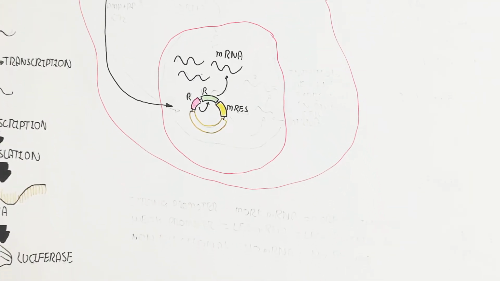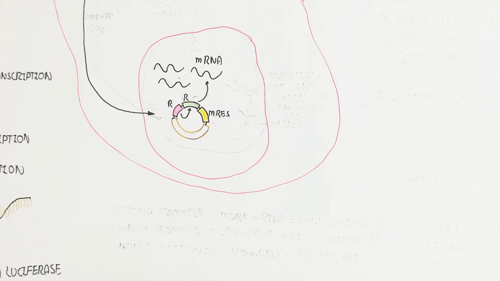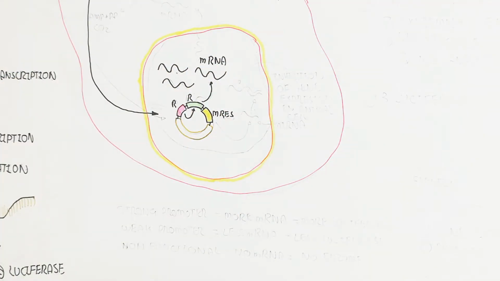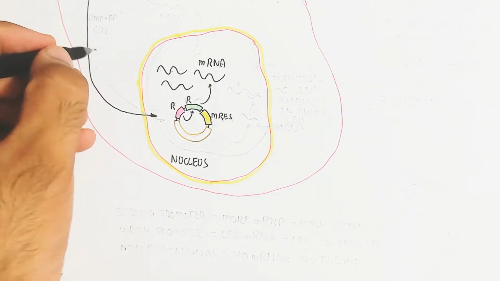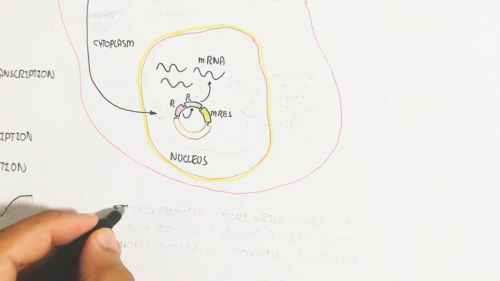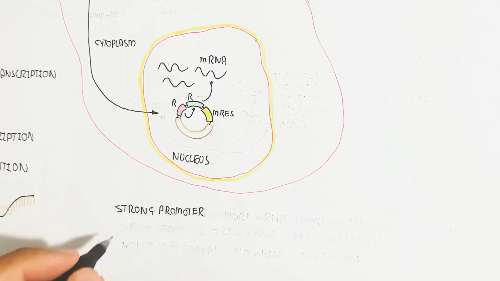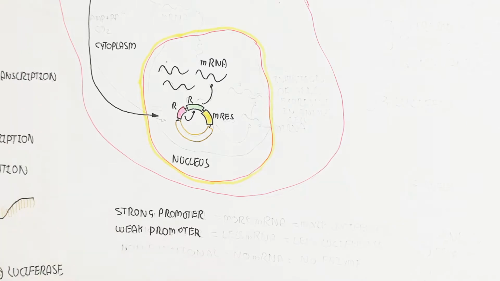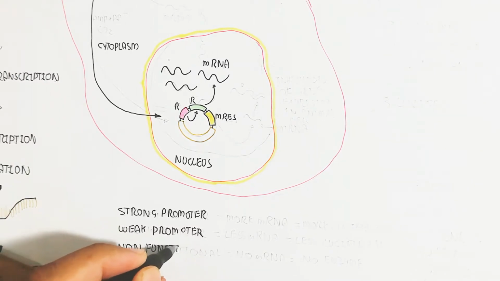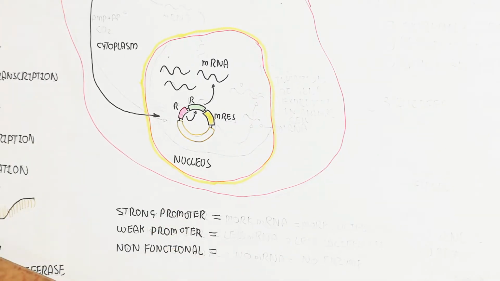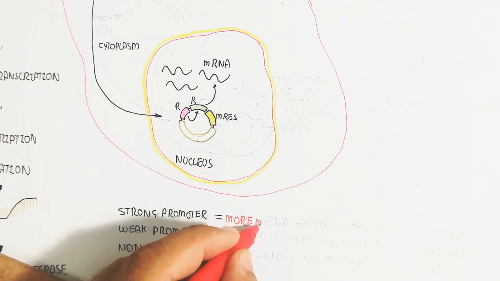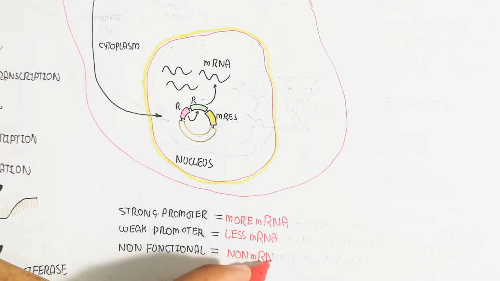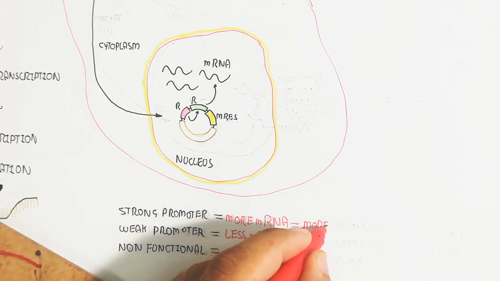So in this way, it produces the messenger RNA. It can bind with the genome or go into the cytoplasm. Remember, this messenger RNA goes into the cytoplasm and is translated to produce the luciferase enzyme. So a strong promoter means more production of messenger RNA and more luciferase enzyme production, while a weak promoter means less messenger RNA production and less luciferase.